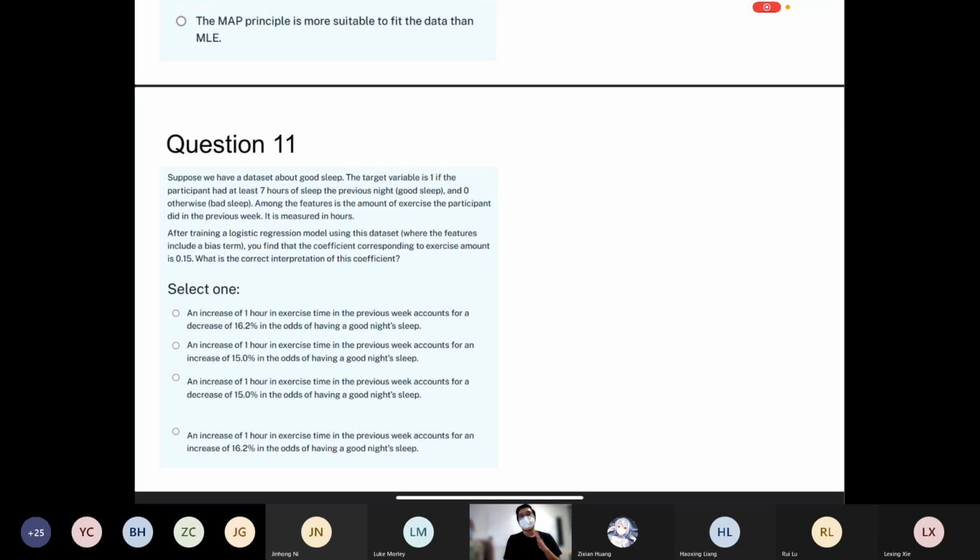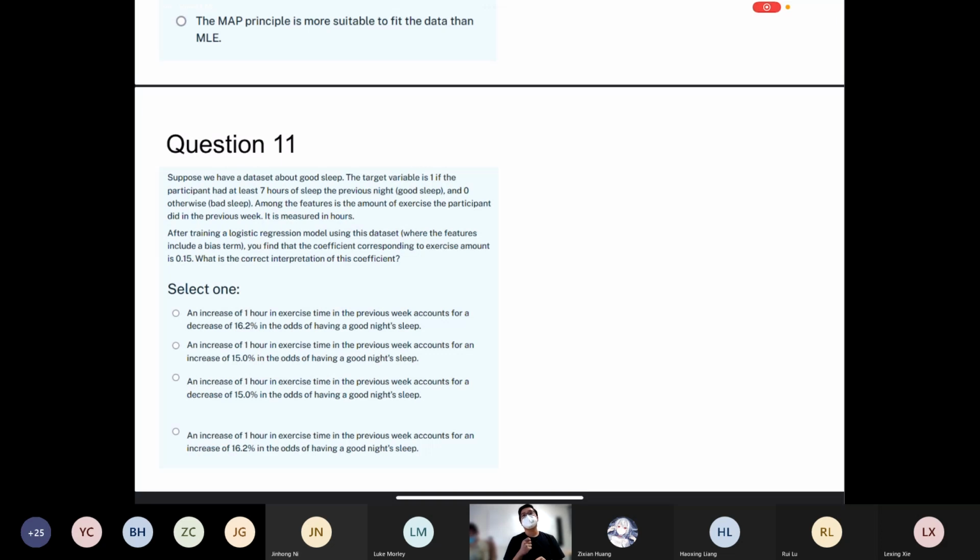Your answers to this question tend to be separated. A lot of people chose 15% increase, and a lot of people chose 16% increase. The correct answer is 16.2% increase, so that would be answer D in this question.